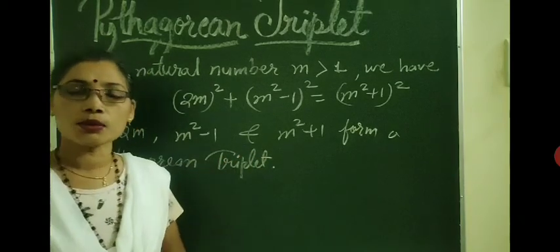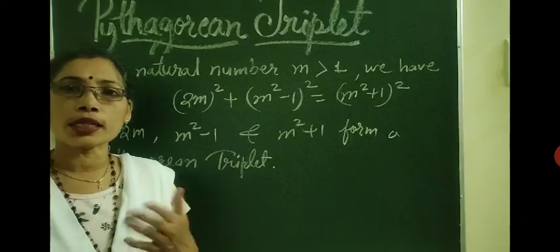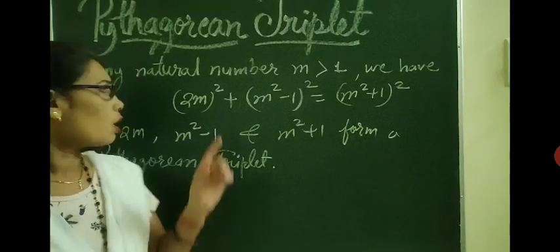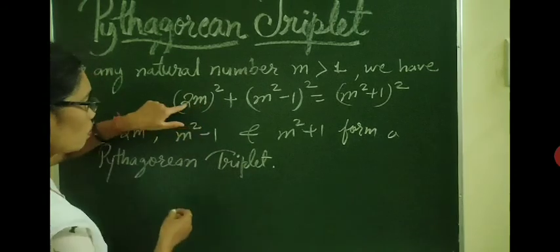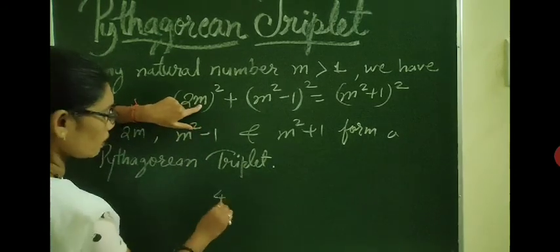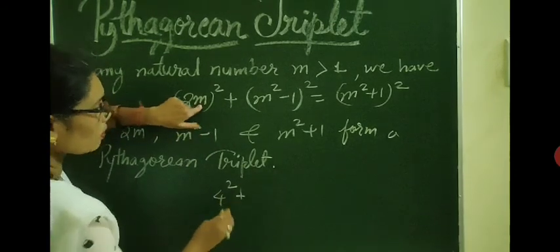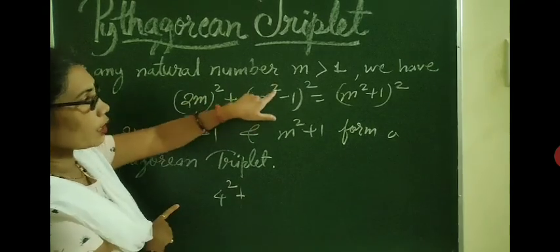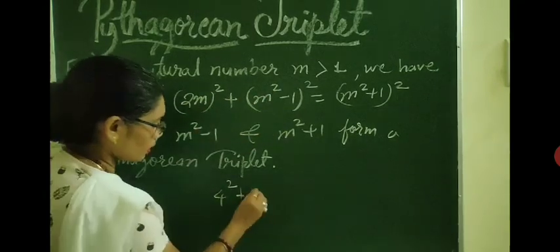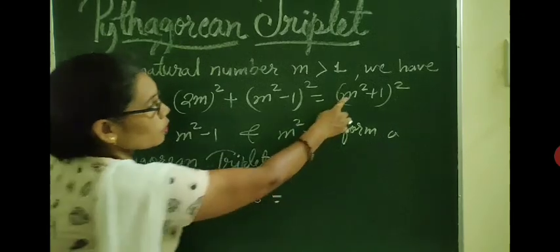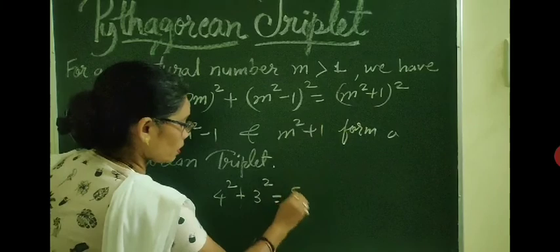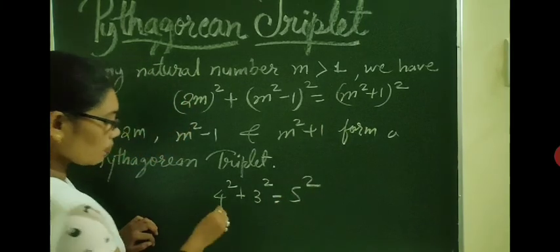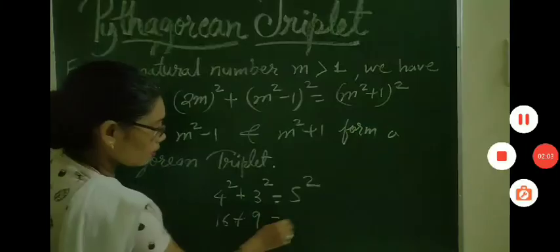So if we are asked for a Pythagorean triplet, we put m equal to, suppose, 2. Then 2 times 2 is 4, squared, plus 2 squared is 4, minus 1, that is 3 squared, equal to 2 squared plus 1, that is 5 squared. So 4 squared is 16 plus 9 equals 25.